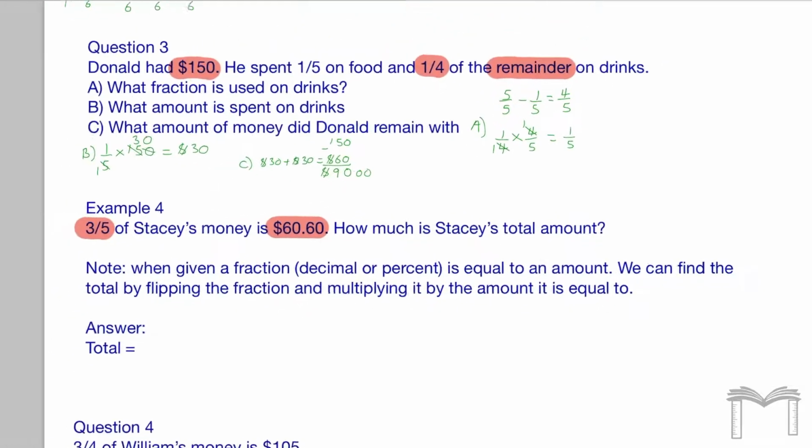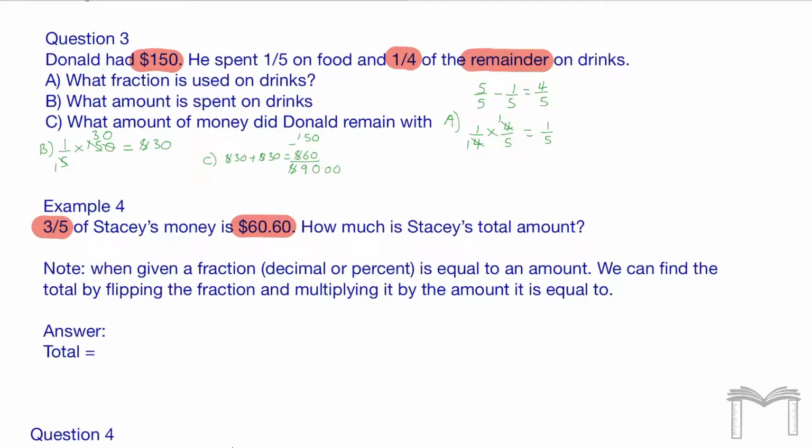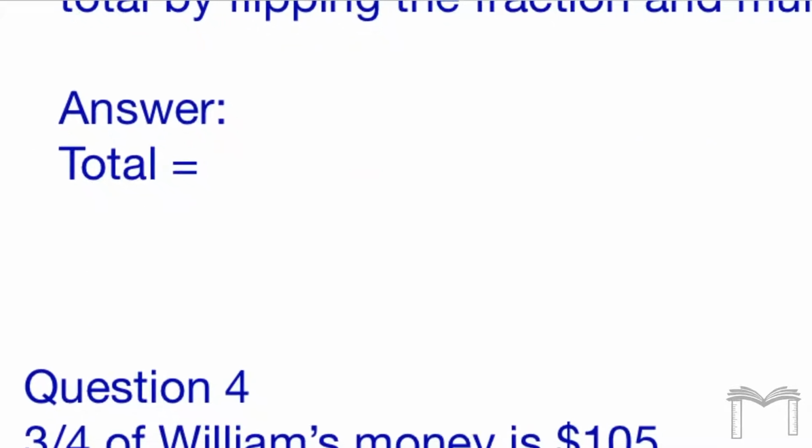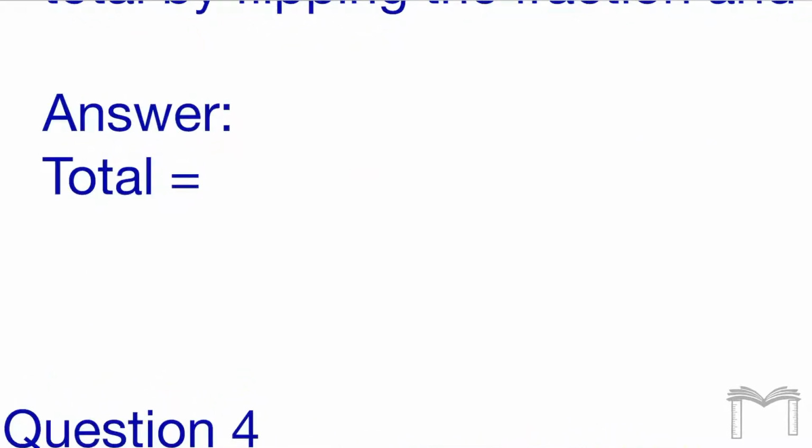We can find the total by flipping the fraction and multiplying it by the amount it is equal to. So let's apply that. Flipping the fraction 3/5 would be 5/3, multiplied by the amount the fraction is equal to, which is $60.60.